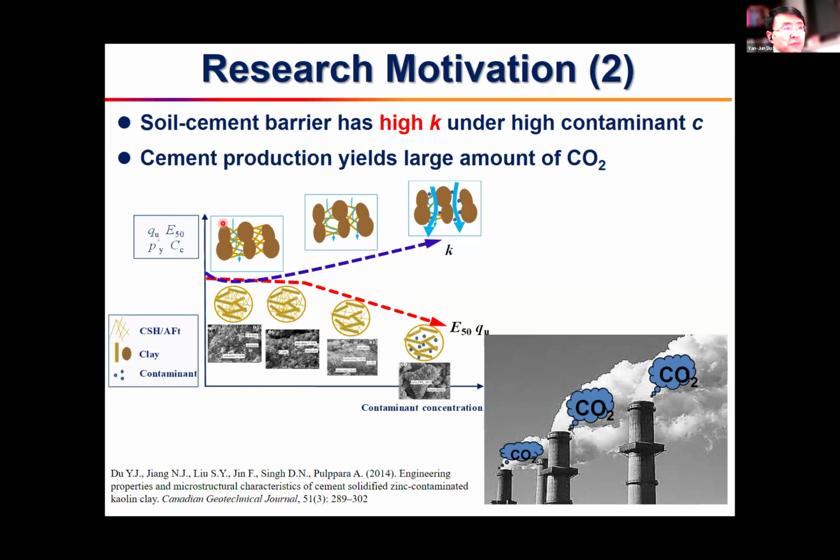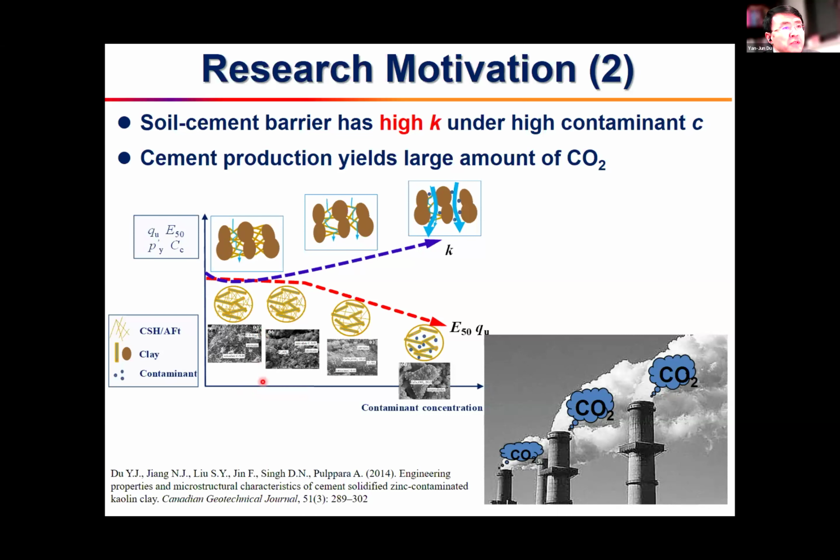The x-axis is contaminant concentration, and the y-axis represents the strength, modulus, or the hydraulic conductivity K. This is because the hydration products of cement, such as CSH and AFt, will decrease with increasing contaminant concentration.